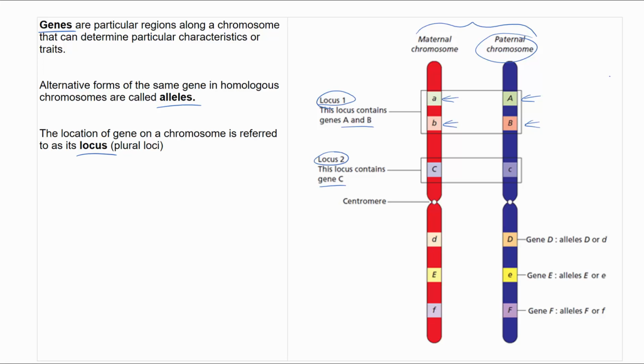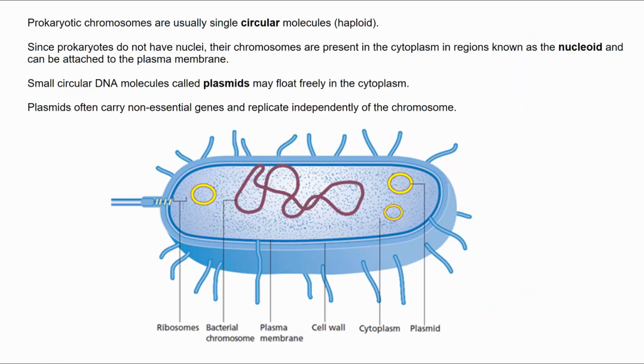So an example in this image here is gene D, which actually has 2 different alleles represented by an uppercase D and a lowercase d. Similarly, gene E and gene F both have 2 different alleles. Now in homologous chromosomes, there's generally only 2 different alleles for each gene.